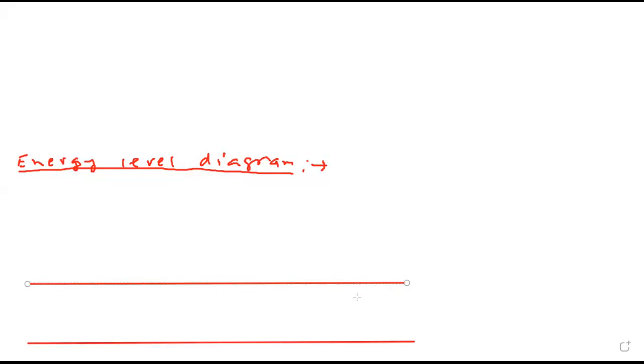Second orbit is minus 3.4. The difference between them is nearly 10, correct? Yes, sir. Second and third are minus 3.4 and minus 1.51, a difference of nearly 1.5. So second and third will be closer compared to first and second. These lines will be closer. Then third and fourth, minus 1.51 and minus 0.85, the difference becomes even closer.